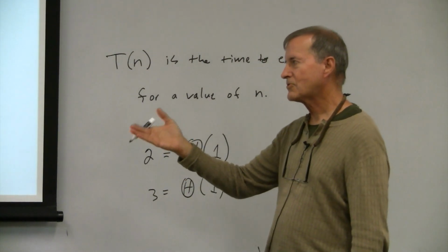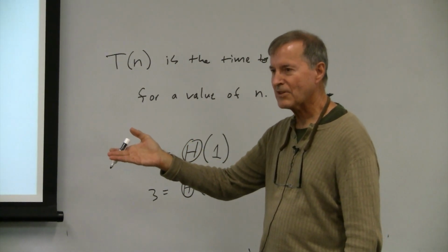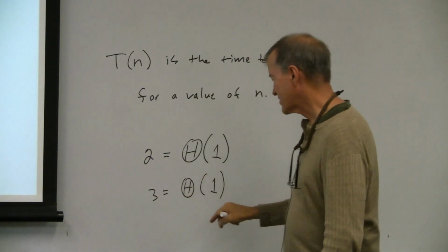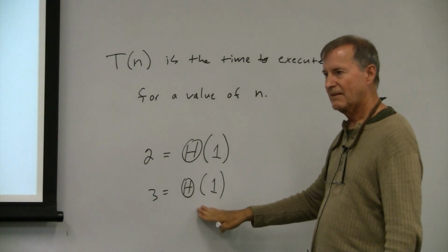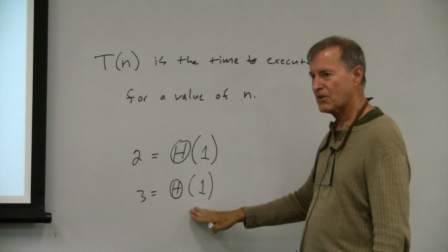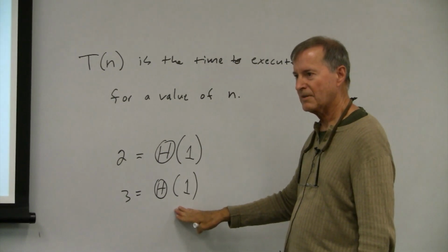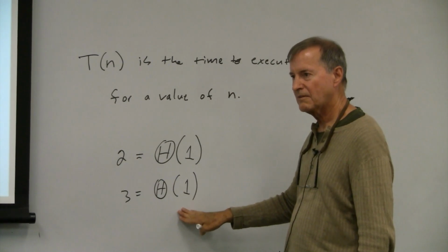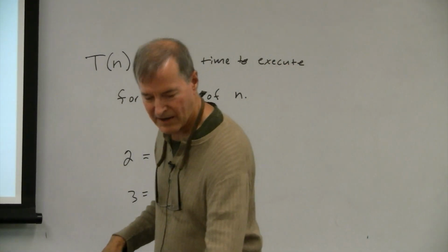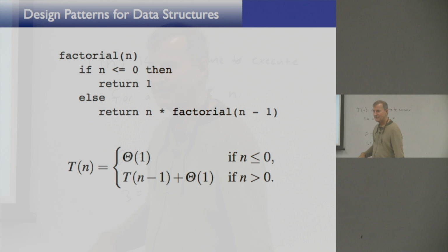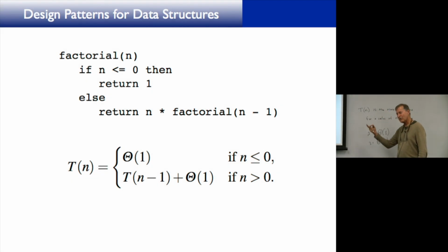So whether it's 3 or whether it's 5 or whether it's 2, it's what? All constants are big theta of 1. So another way of writing this is, we can just write it this way, and whether you count the multiplier or not, it doesn't really matter in the long run. All right?